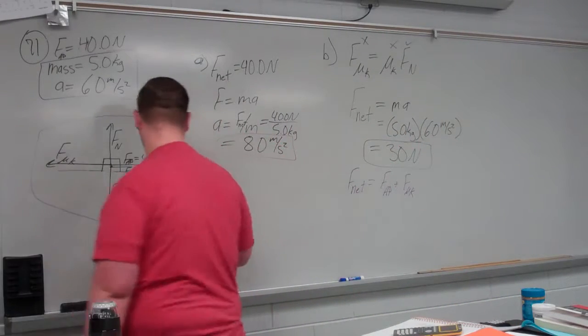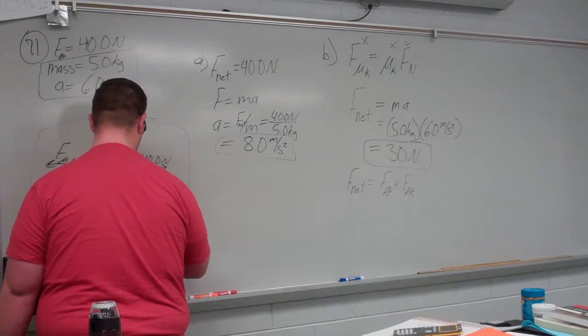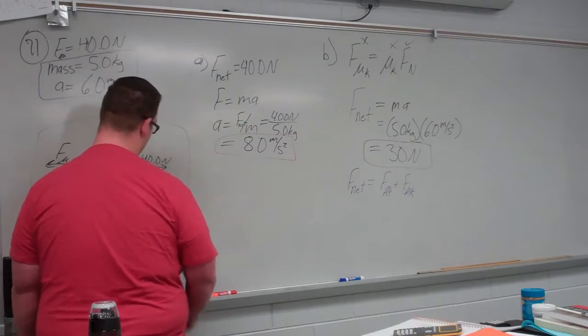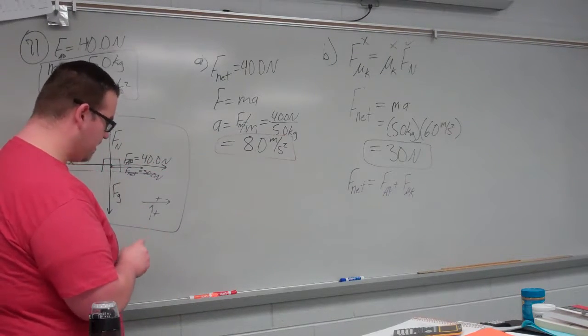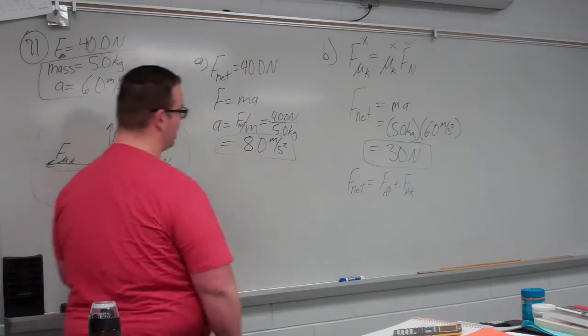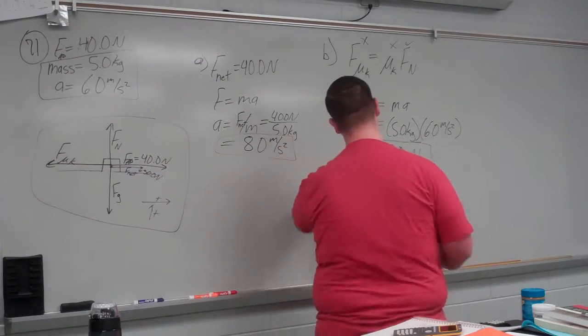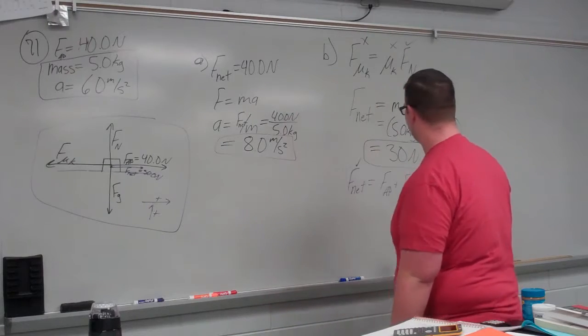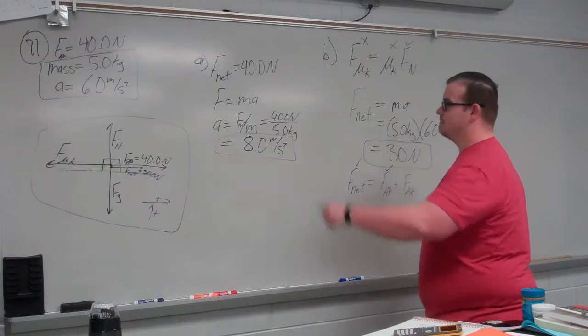I'm going to make right positive and up positive. So I can start filling in information. I know my net force, I just solved for it, and I know my force applied because it was given to me.